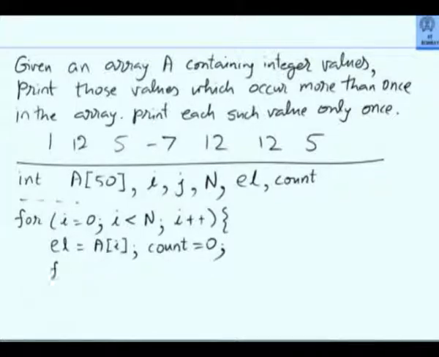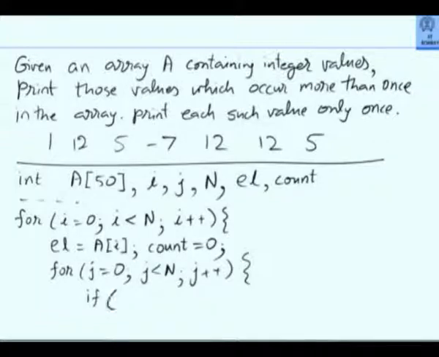I will say now for j equal to 0, j less than n, j plus plus, if EL is equal to A[j], count plus plus. You see what I am doing?